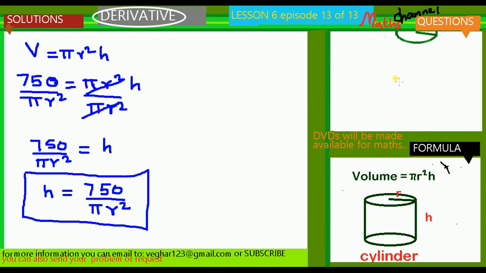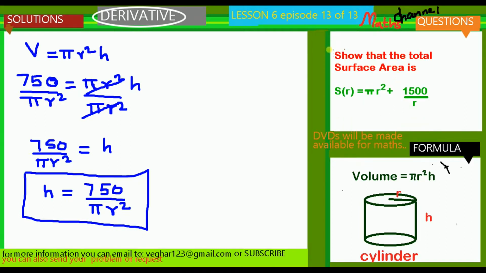So now what is the next question? They said show that the total surface area is this one. So we must know the equation of surface area. The surface area is the bottom part of a cylinder.